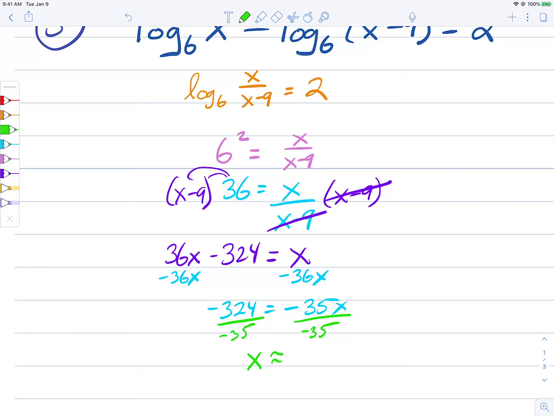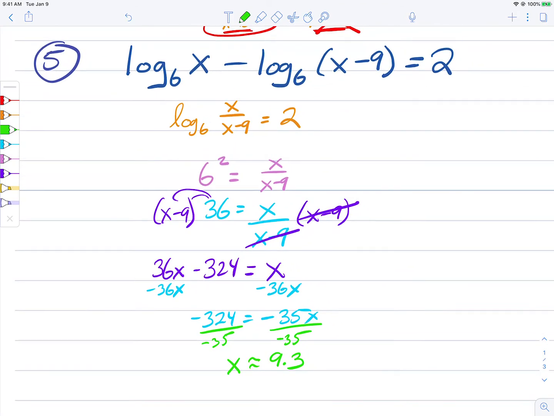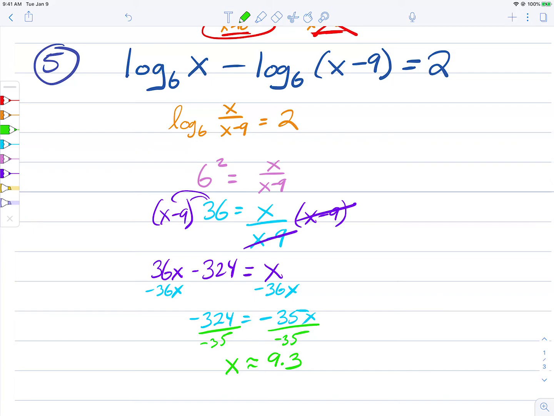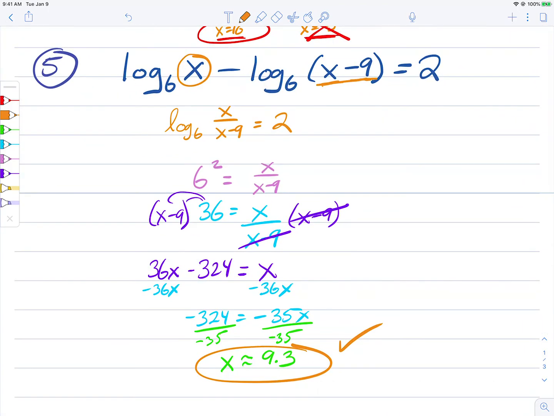X is about 9.3 rounded. I could also leave it as the 324 over 35. Now looking back at my original, let's just make sure this answer works. If I plugged about 9.3 here, we're fine. And 9.3 minus 9 is still a positive number, so it works there also. So that is an acceptable answer.